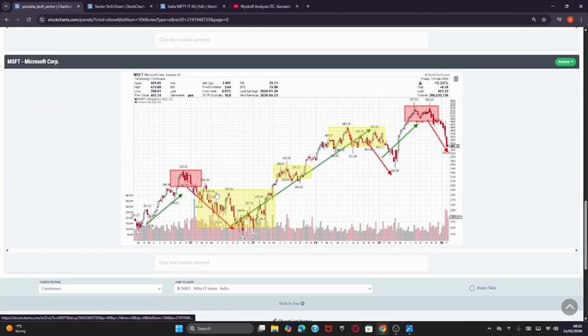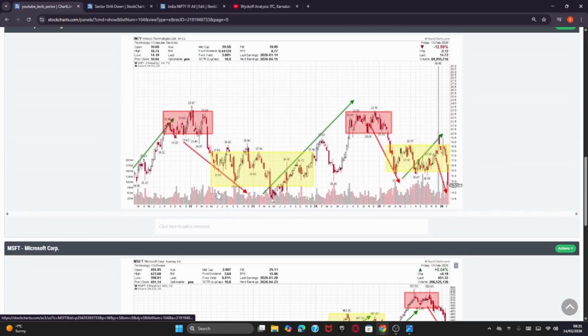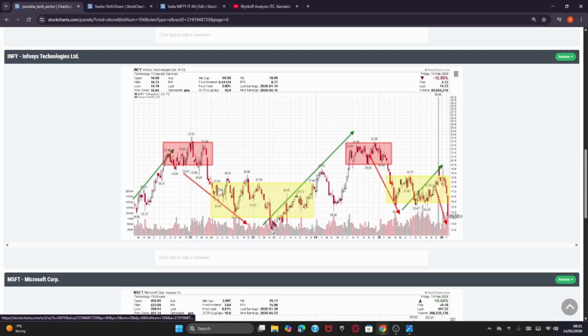If the whole sector is going down, obviously we should know that and align with the sector's market cycles, instead of an individual stock which may or may not align with it. It is better to align with what the sector is doing at a high level. So you can see Infosys exactly matches the Indian IT sector's market cycle.